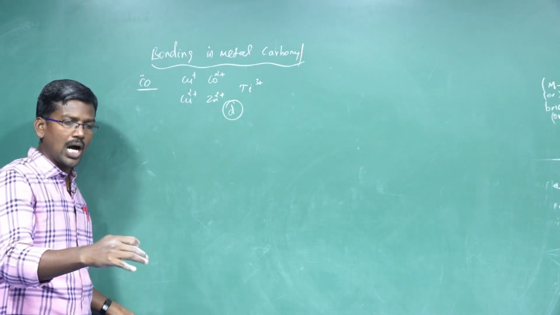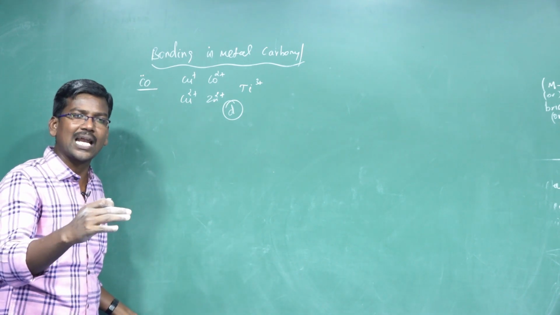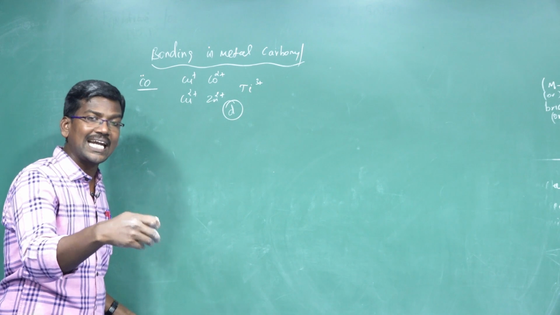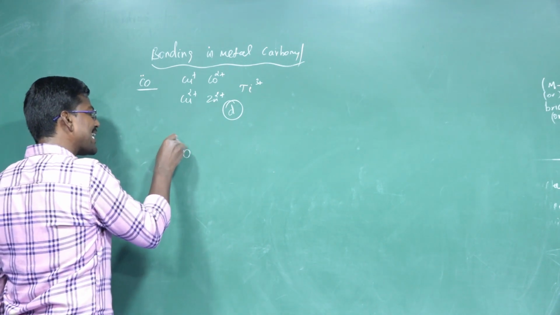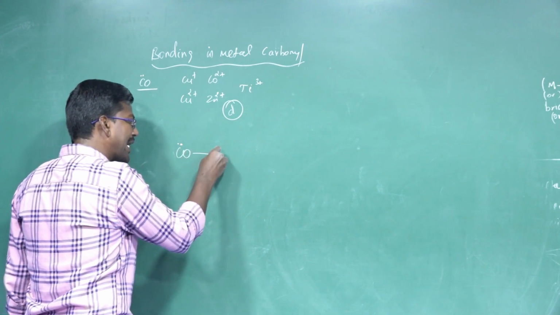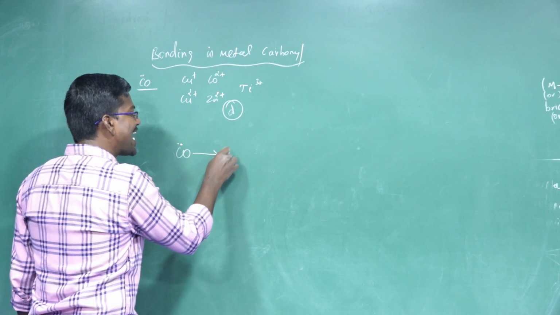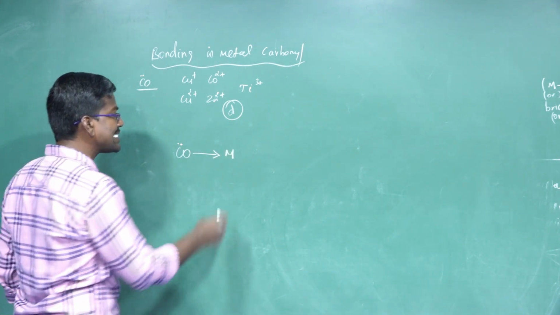The carbonyl ligand donates a lone pair of electrons to the vacant d orbital of the metal atom. So the carbonyl ligand has an excess lone pair of electrons, which is easily donated to the vacant d orbital of the central metal atom to form a sigma bond.